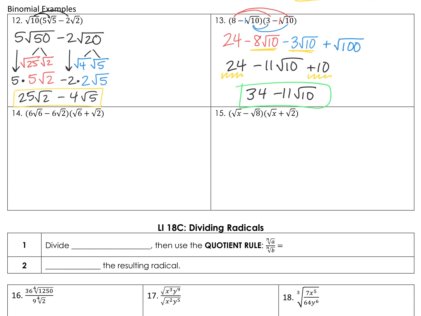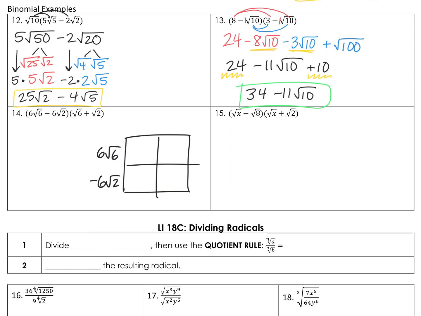I'm going to do the box method up here. I know there are several people in this class who prefer that. So if you prefer the box method, by all means use it. You don't have to, if that's not how you like to multiply. But if I was going to do the box method, then I would do it like this. So 6 root 6, and then this is negative 6 root 2. You need to make sure those go on the same side.